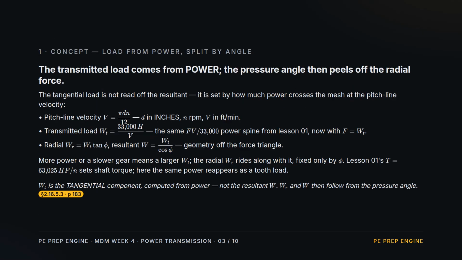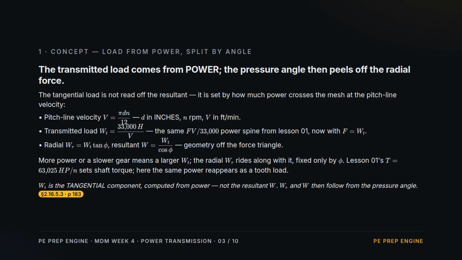Concept 2. The load comes from power, then the angle splits it. You never read the tangential load off the resultant. It is set by power crossing the mesh at the pitch line velocity. Pitch line velocity is pi times diameter times speed over 12, and the diameter is in inches, which is the classic trap.